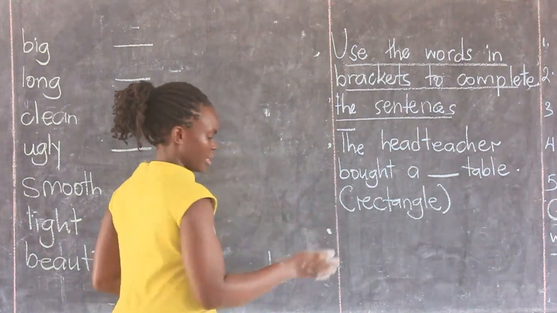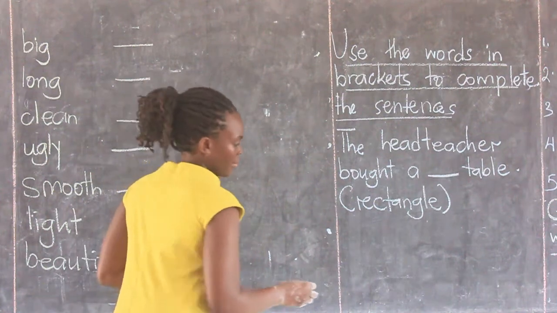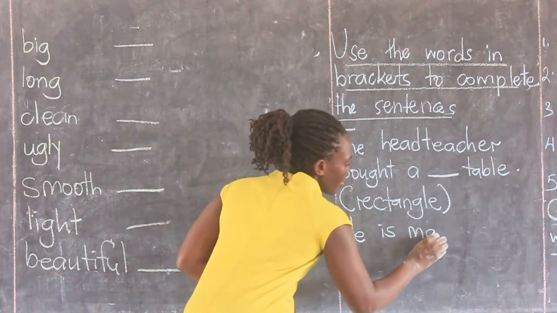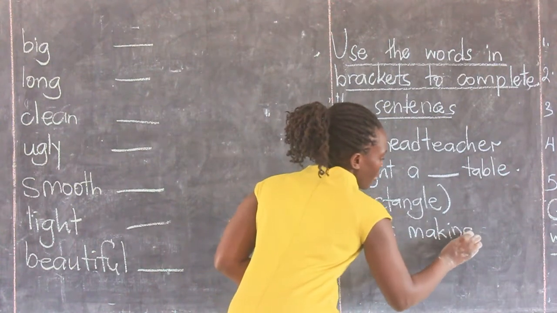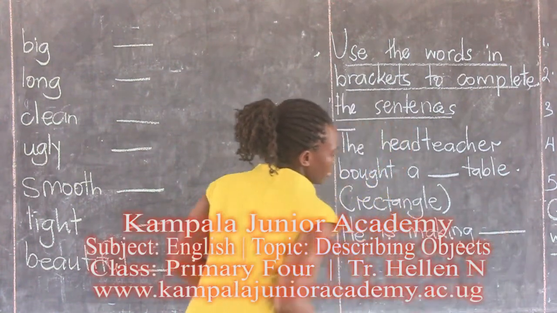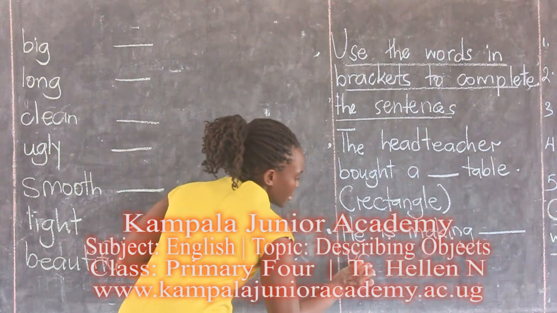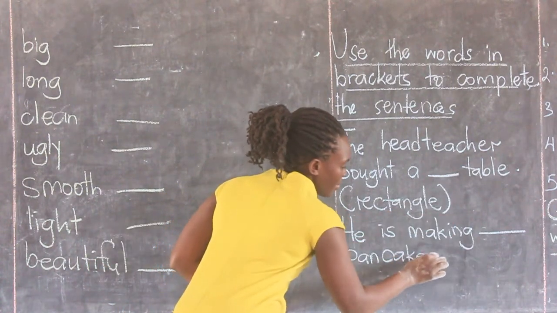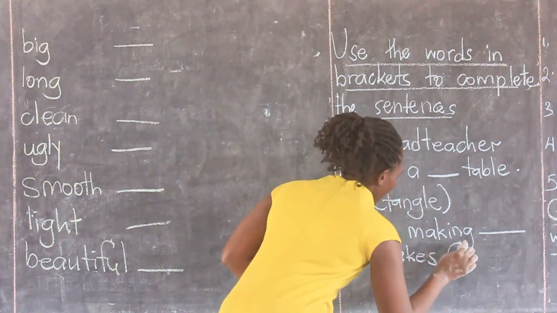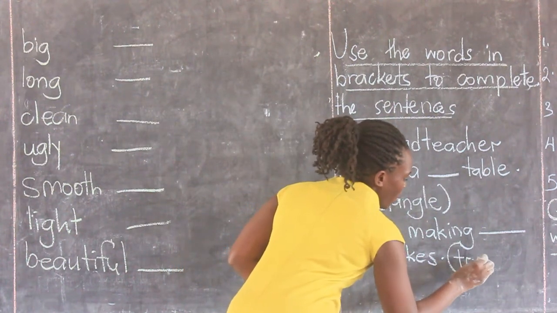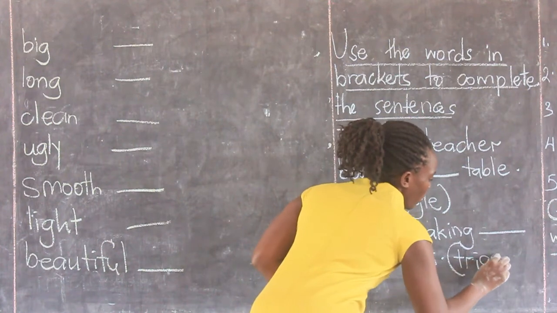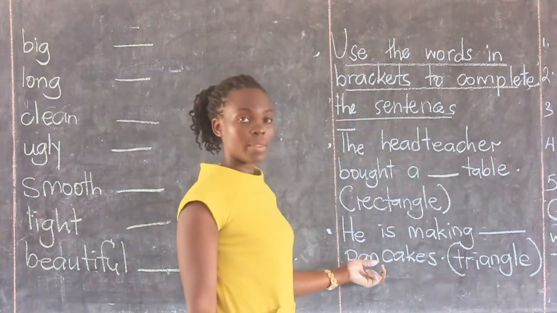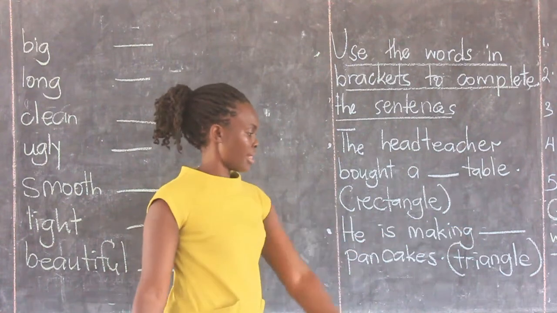I have a second bullet there. He is making dash pancakes. In brackets, I have triangle. How will you describe the pancakes? You put the answer there.